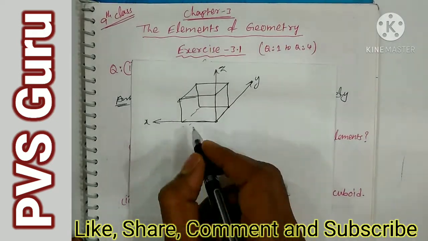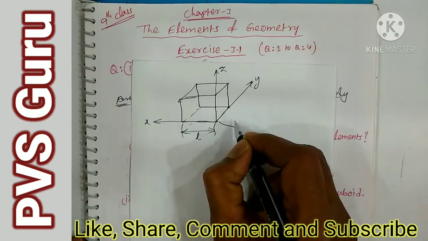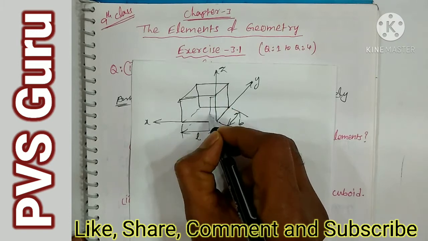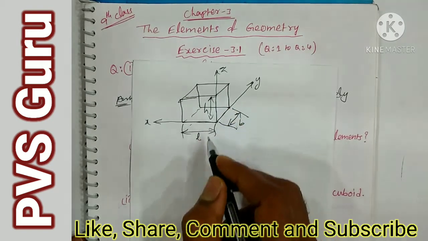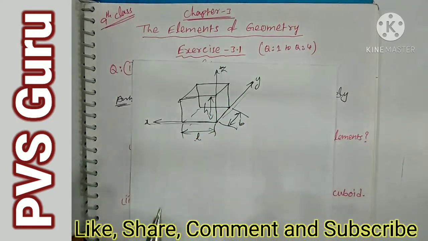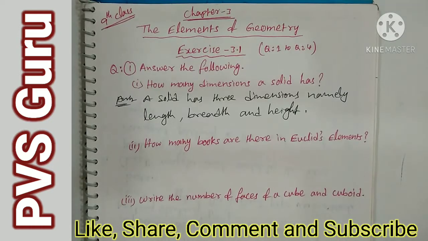Here you see, this is length, this is breadth, and this one is height. Length, breadth, height. 3 axes, 3 dimensions. So every solid has 3 dimensions: x axis, y axis, z axis.